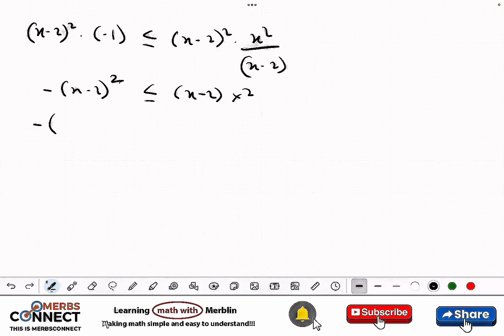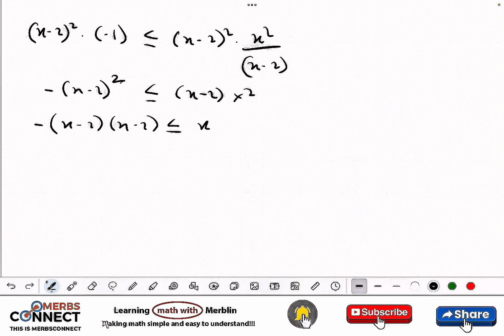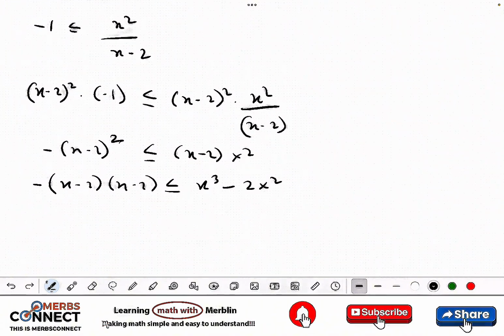On the left, I'm going to have x minus 2 less than or equal to, when I simplify this, I'm going to have x to the power 3, right? Yes, minus, when I simplify this, I'm going to have 2x squared. Right, so this is what I'm going to get at the end of the day.